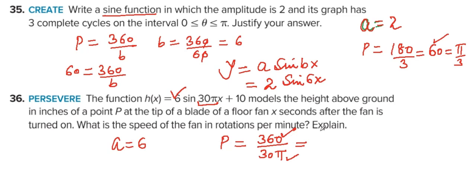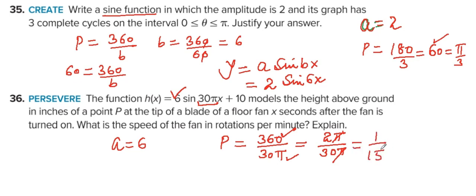So you can find that it is 2 pi over 30 pi. Pi and pi cancel out. So what we are getting is 1 over 15. Period is 1 over 15.